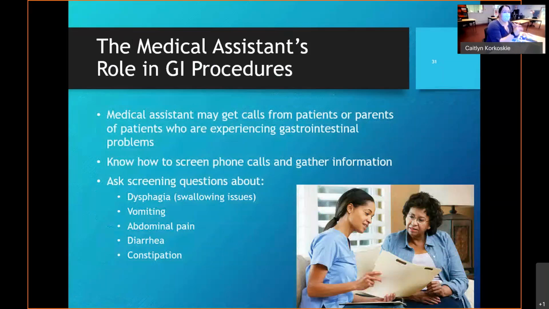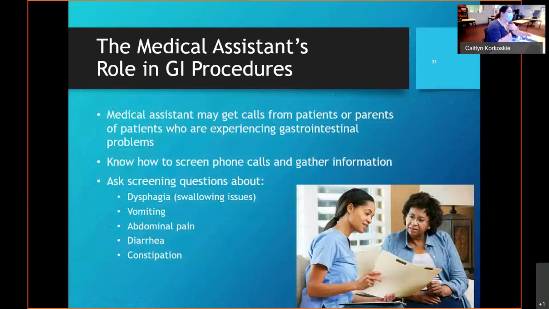I would also add to the screening questions asking where the pain is, because it makes a difference if it's lower right abdominal pain or upper left abdominal pain. If they're having lower right abdominal pain, the next question is whether they still have their appendix, because that could be a symptom of appendicitis.